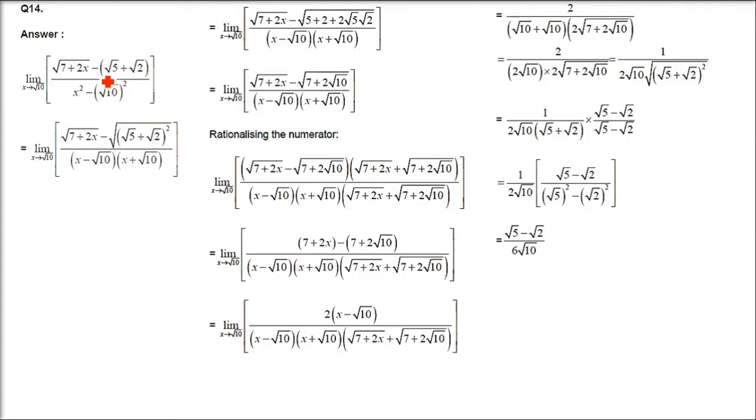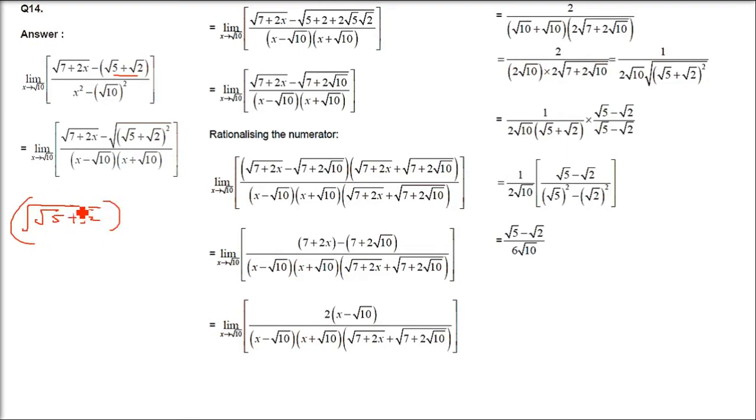See here, this is under root 5 plus under root 2. Since we see under root 10 in the denominator, how under root 10? Because x tends to under root 10. So this I am going to make it square. So this under root 5 plus under root 2 can be written as root 5 plus root 2, take square and take under root.